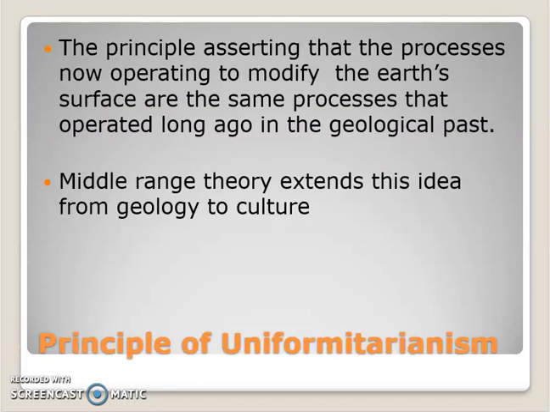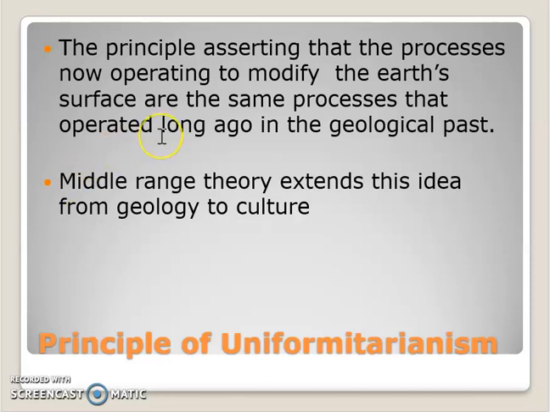So, the whole point of middle range theory, or what it relies upon, is the principle of uniformitarianism, which you may or may not remember from the beginning of the course. Uniformitarianism is actually a geological principle, and what it says is that anything happening currently on the Earth was happening in the past as well.